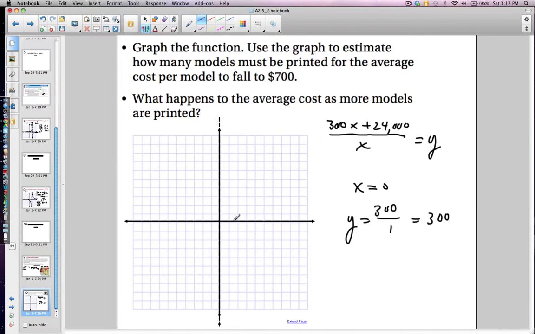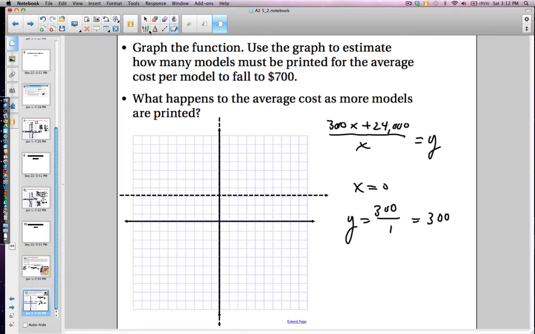So let's say that we're going to use x in hundreds. Okay, so I can go ahead and go y is equal to, or x and y in 300 in hundreds. So 1, 2, 3. Oops, I'm sorry, I wanted a line there. Okay, so now I have my asymptotes in.